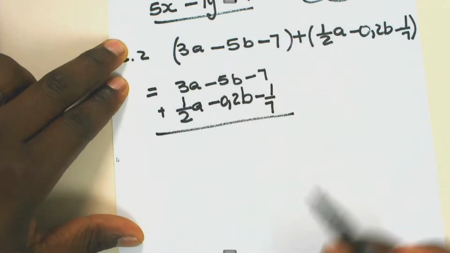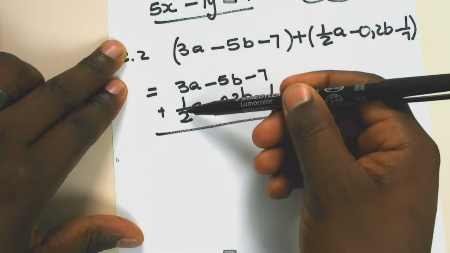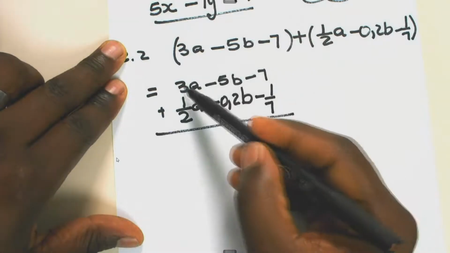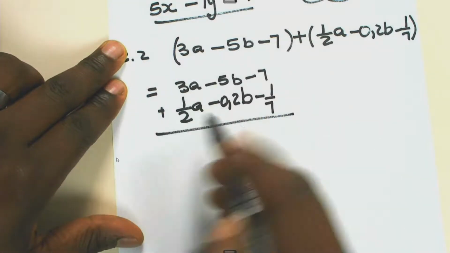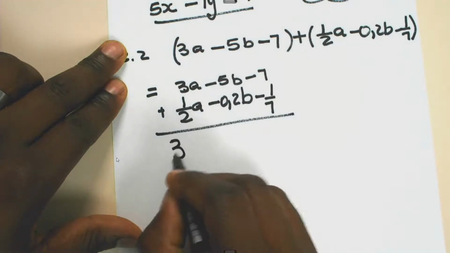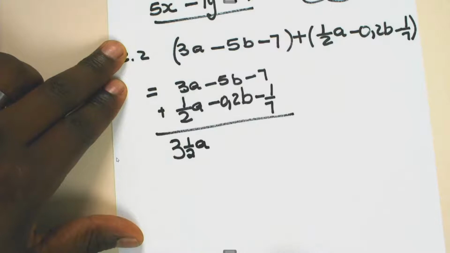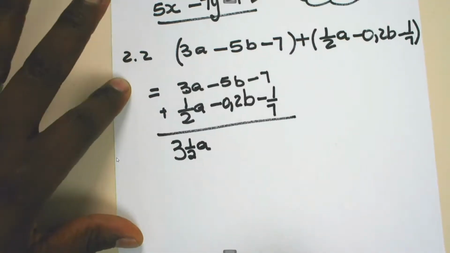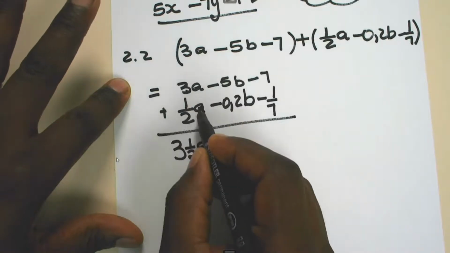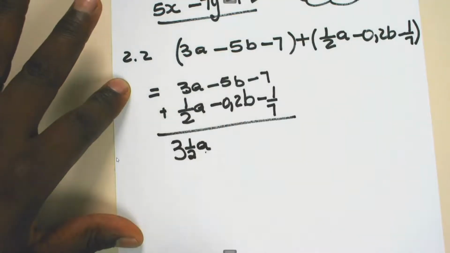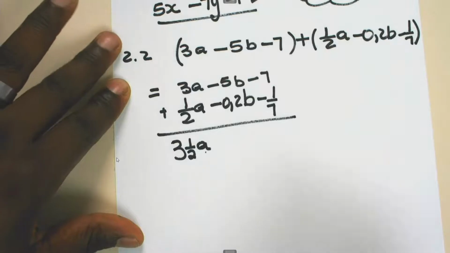So when you add 3a and half a, you'll be getting 3 and a half a. You remember that? If you have 3 apples plus half an apple, we're having 3 and a half apples. Is that easy? Yes. All right.